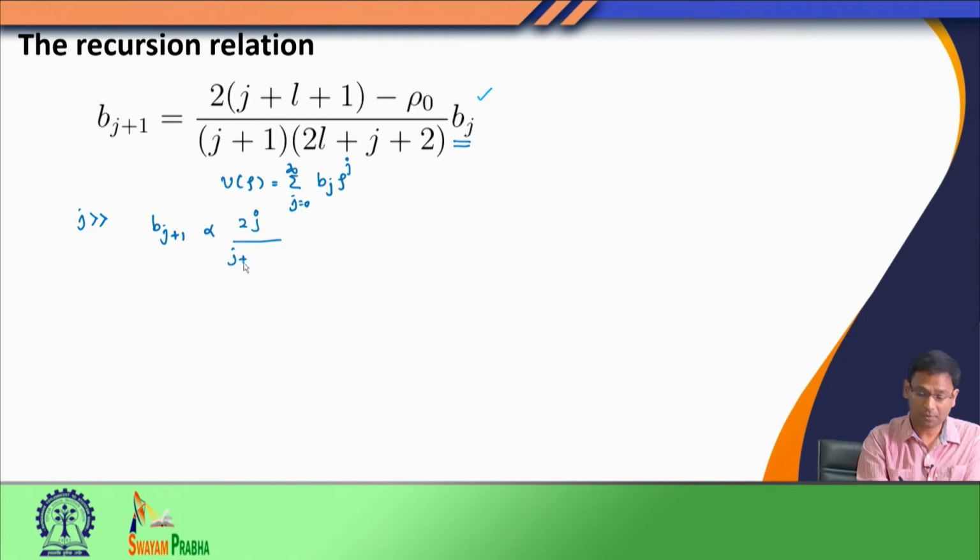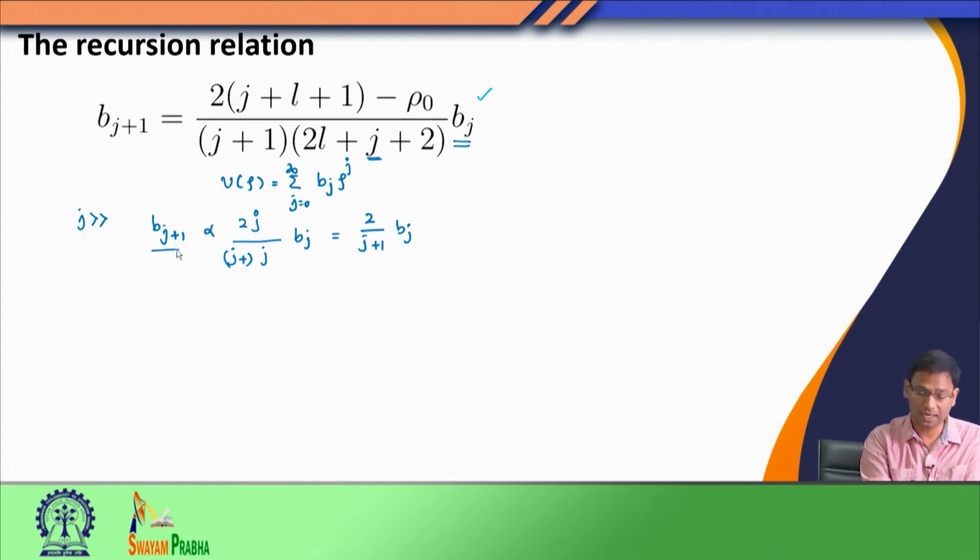And here I would write j plus 1 multiplied by j, where again j is very large compared to 1 and 2. This multiplied by B j, when you look at it, simply says you have 2 into j plus 1 B of j.